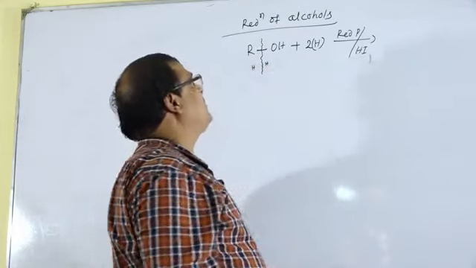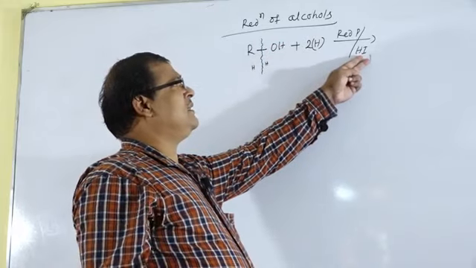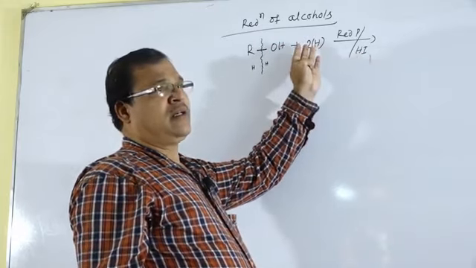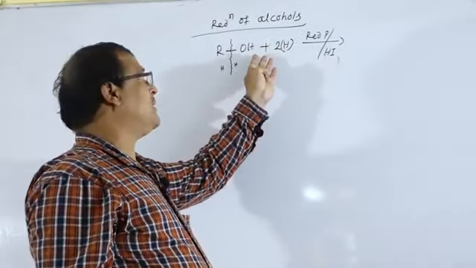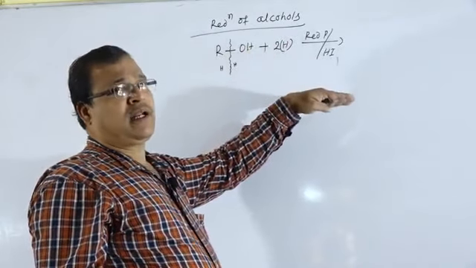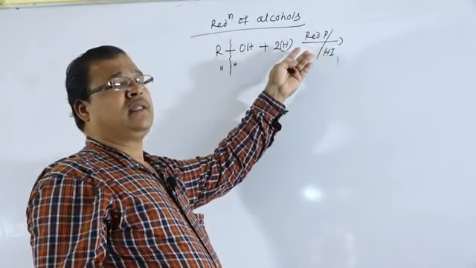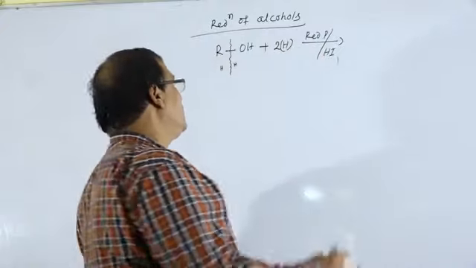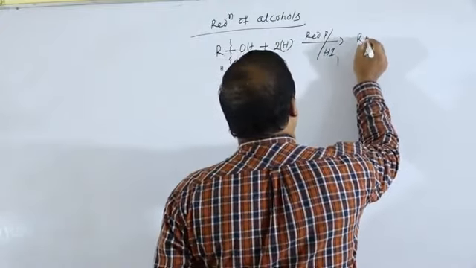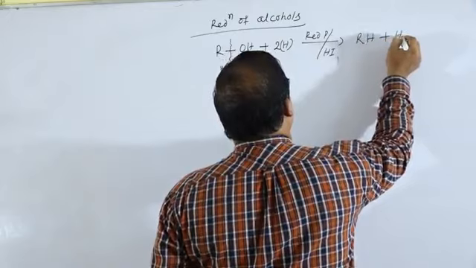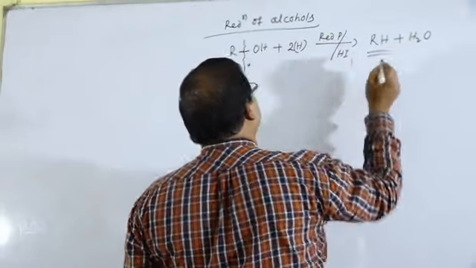First, if we analyze the mechanism of this reaction, the OH group will get replaced by I, and again there is reduction to form the alkane. So there is the formation of RH, the alkane.